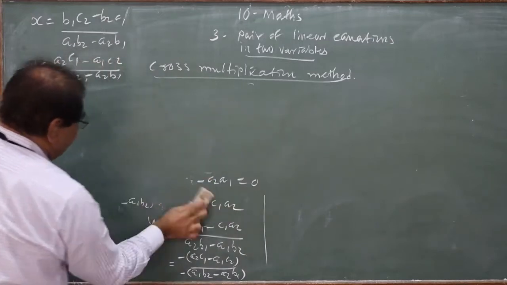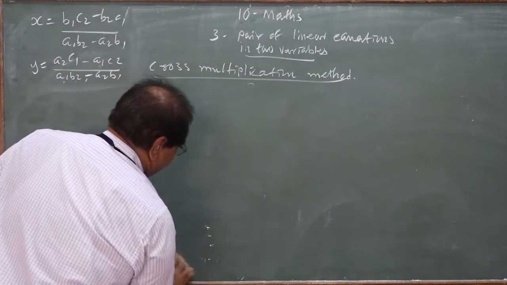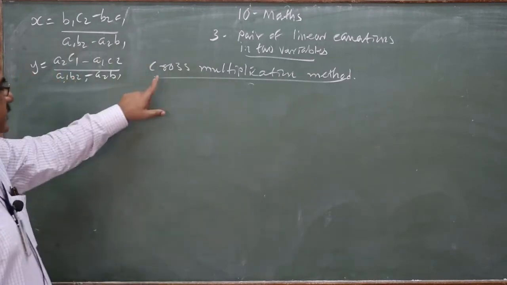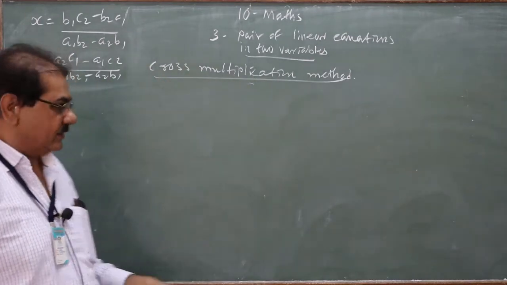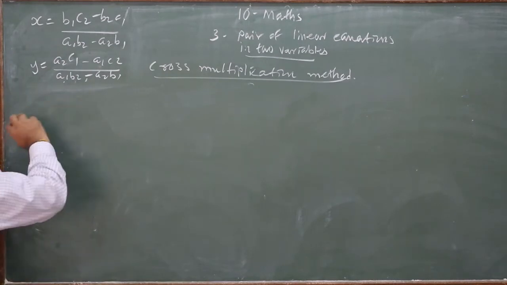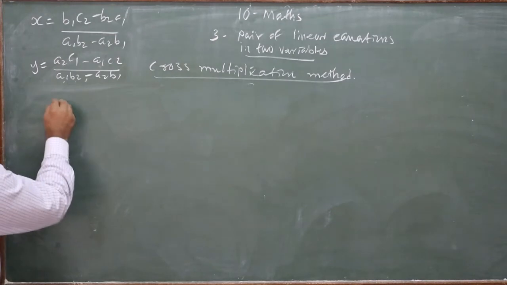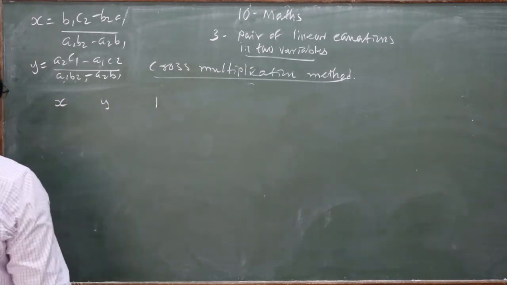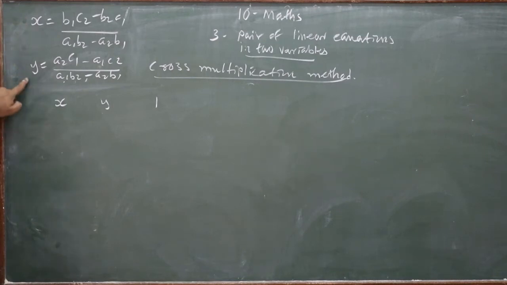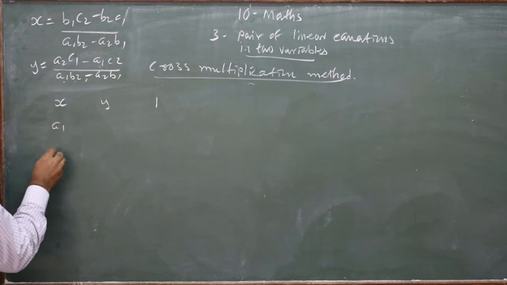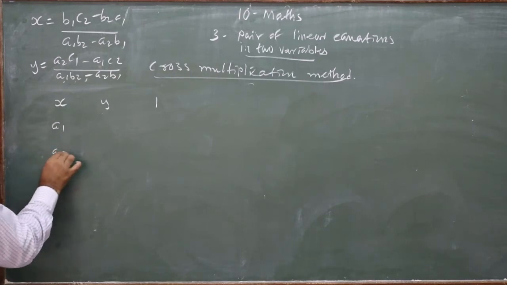But now this is going to be the formula for the method of cross multiplication. Now the question is, why is it called the cross multiplication method? That I tell you. The way to show this is: x, y and 1. x is the variable, y is the variable, and 1 is the constant. Under x I write a1 and a2, the coefficients.